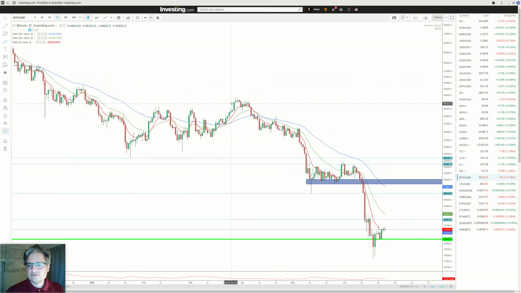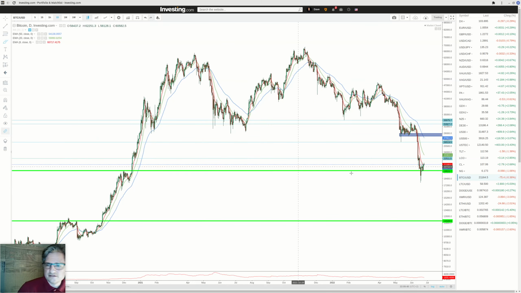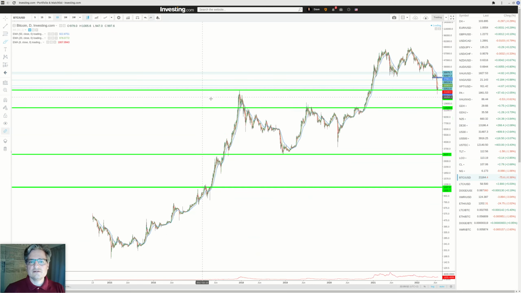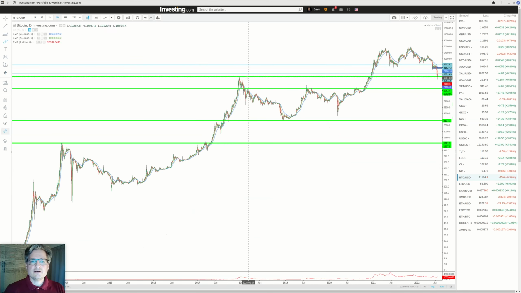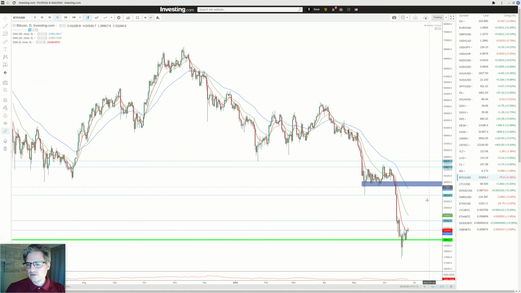Let's have a look at Bitcoin. Bitcoin hit this very long-term significant level. If we just zoom out, you can see it is the top of the 2017 bull run, and we just went past it.